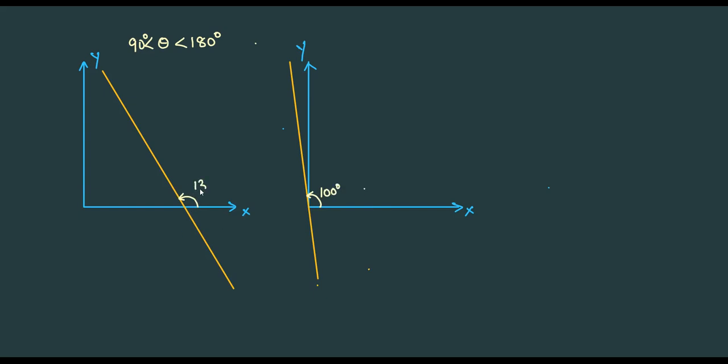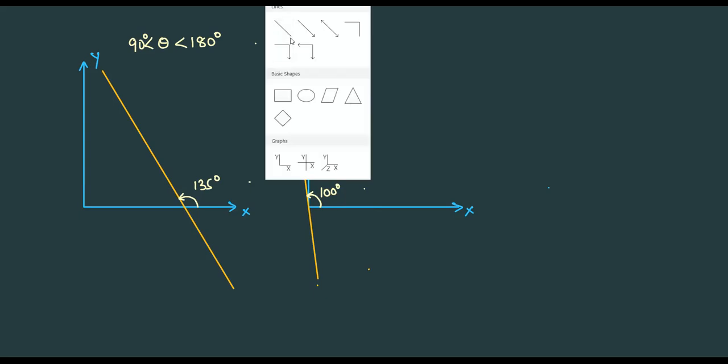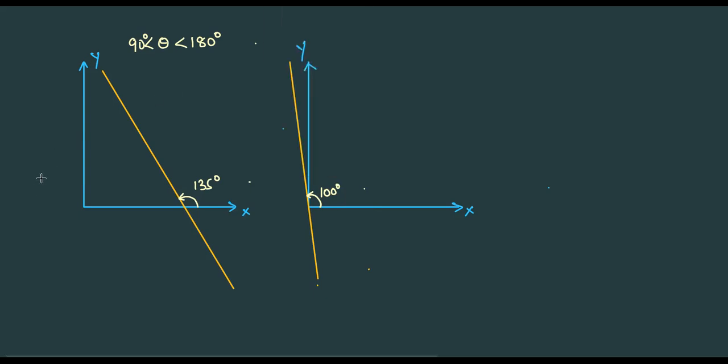This is say 135. And one more, we can plot one more line, almost flat like this. Here, the inclination we measure, let's say it is 180 minus 10, 170 degrees. Now let us look at what will be the tan values for these.